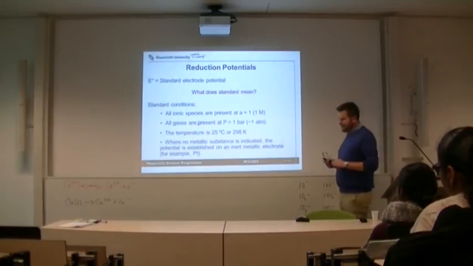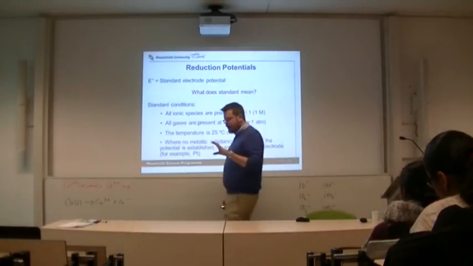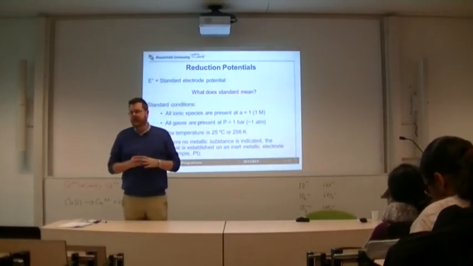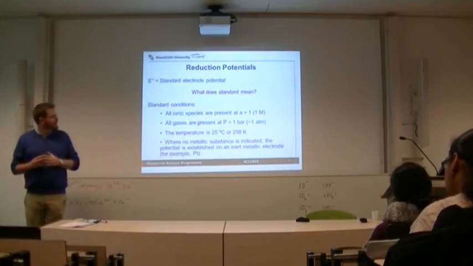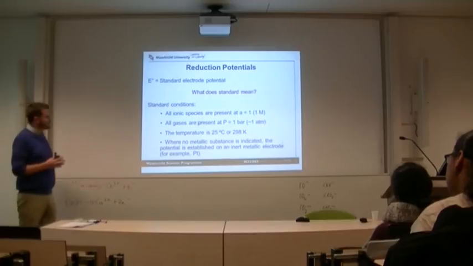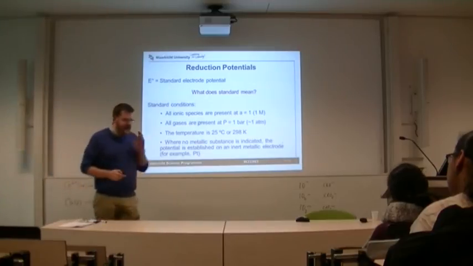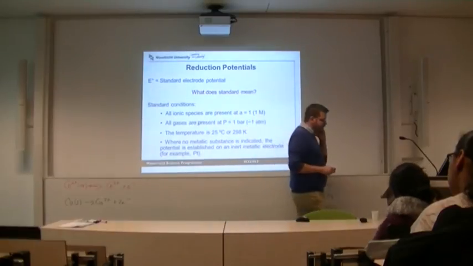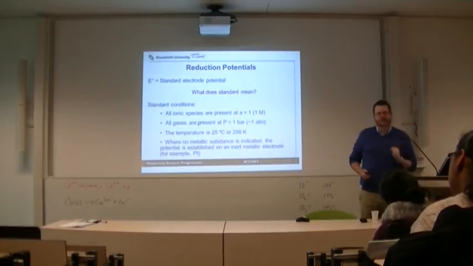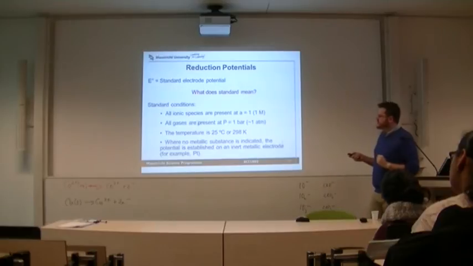In the table we just saw, we call these standard reduction potentials, or standard electrode potentials. Standard means, and this is going to be important later on in the lecture, that we're measuring it at standard conditions, and in this case, we use a 1 molar concentration.